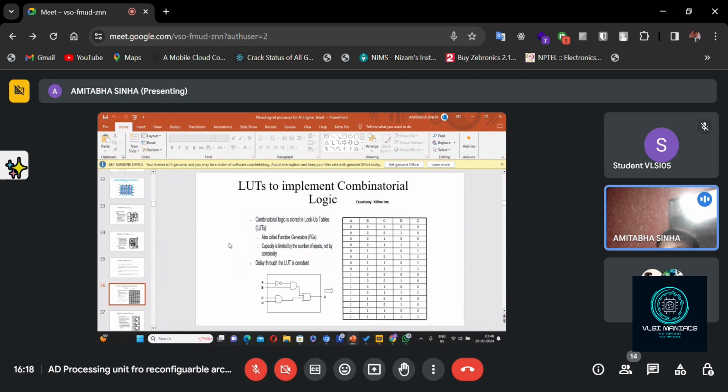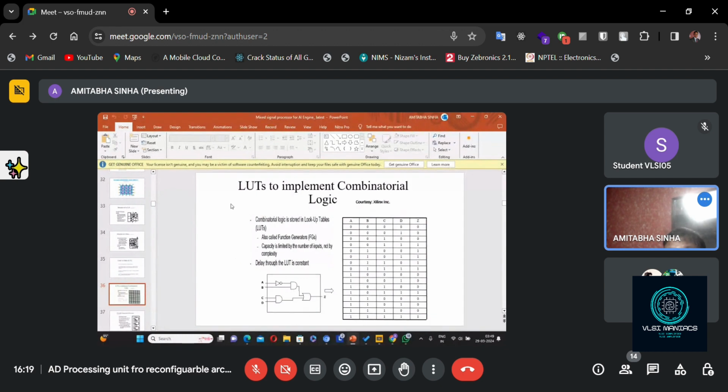So there are two types of information. The total bit stream consists of one part, the contents of the lookup tables, and second, the control signals required for routing. These together form the total bit stream.